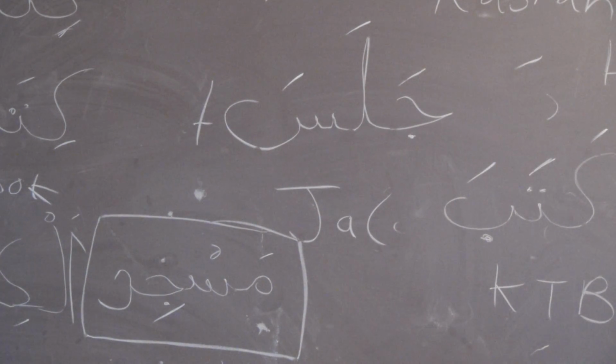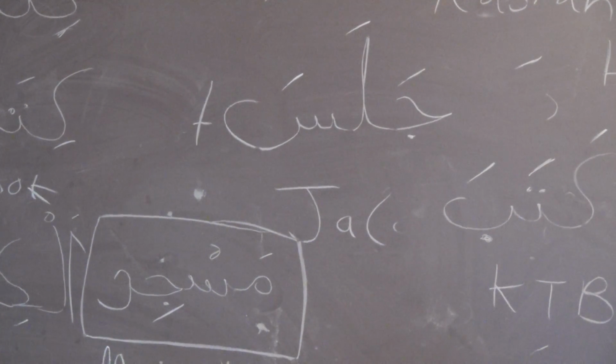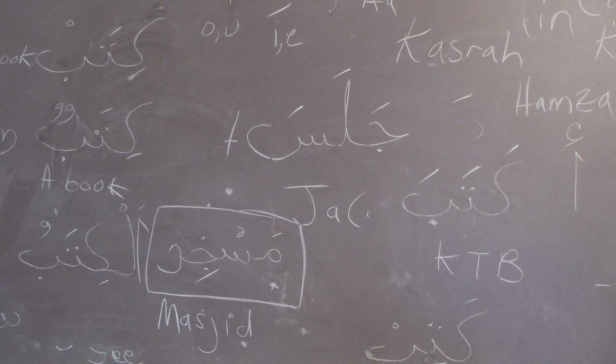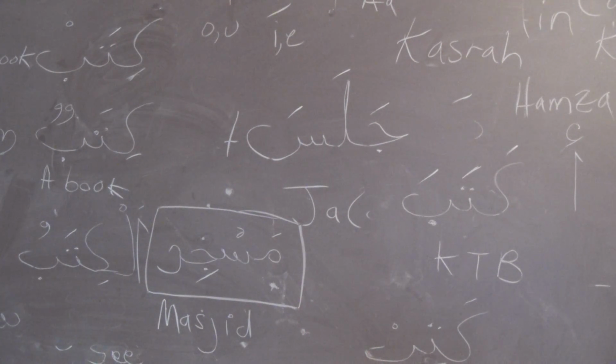So we have the word masjid. Masjid, see it? Now, what is the triliteral root here? Remember we said Arabic is based on a triliteral root system, right? Three letters. But look here what we got.